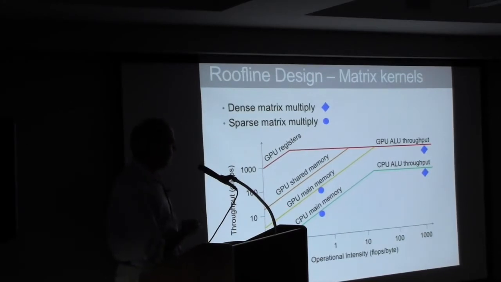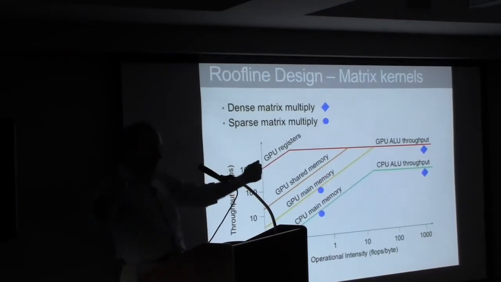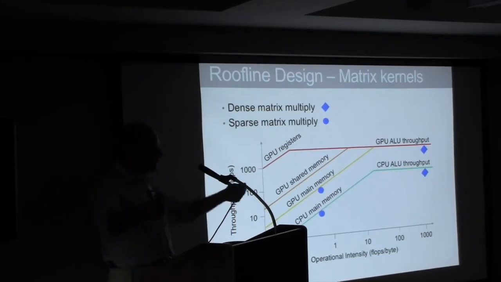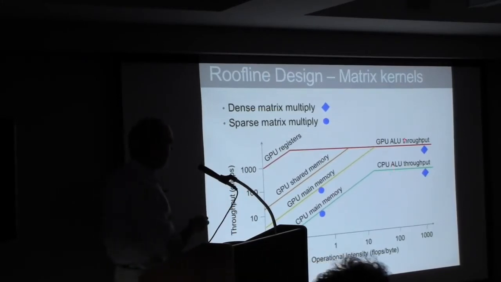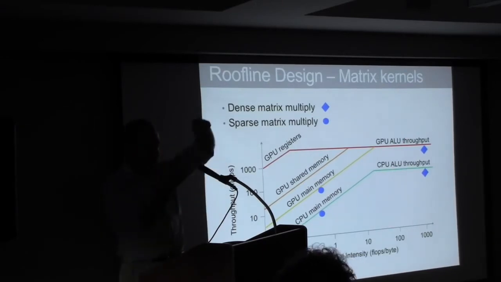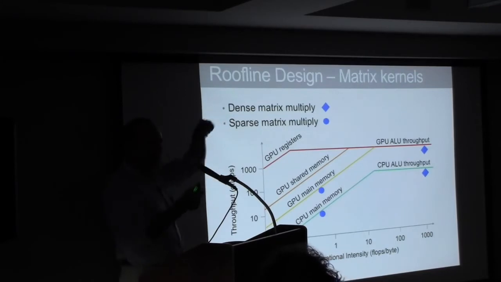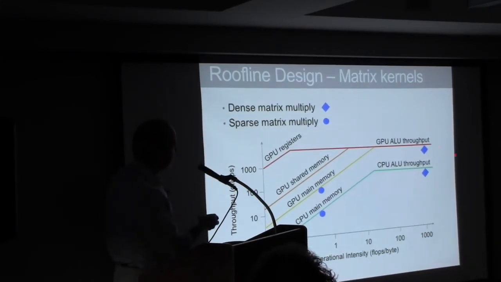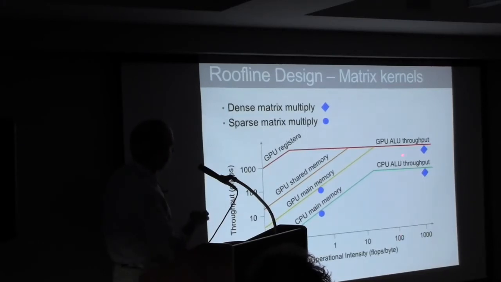Given that we know the roofline for ALU and also main memory, when you have a big matrix to multiply, it's going to have to come through main memory. The caches won't help you very much. But if it's a dense matrix multiply, you end up using each element many times. It's being multiplied against a row or column of elements of the other matrix. So you have high reuse, and so you actually don't have to worry about memory for dense operations.